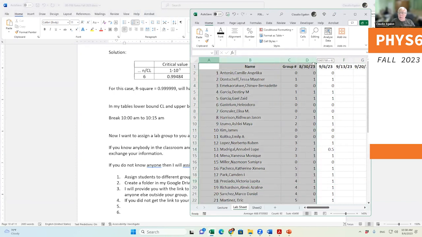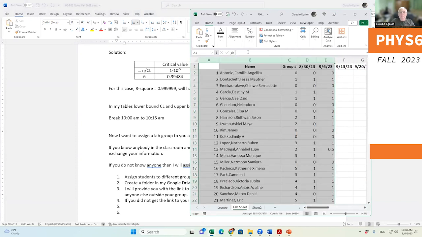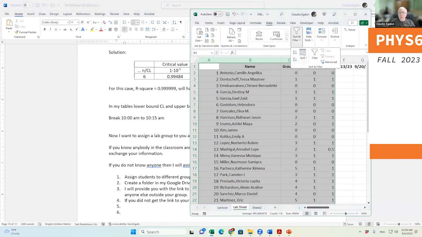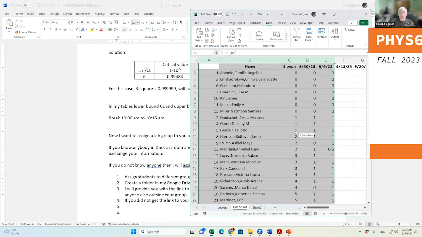And I am going to sort this thing. The data, sort by name, group number. I'm going to sort by group number. Good.